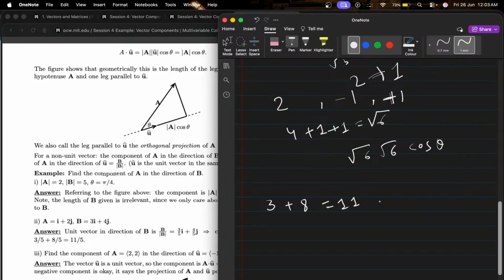And so we have to find B by magnitude of B. The magnitude of B will be 16 plus 9, 25, square root is 5. So yeah, 11 by 5.